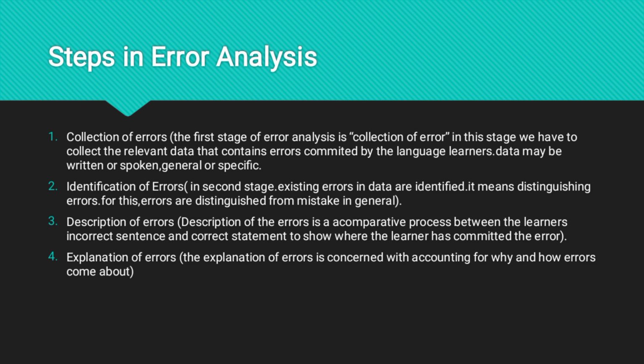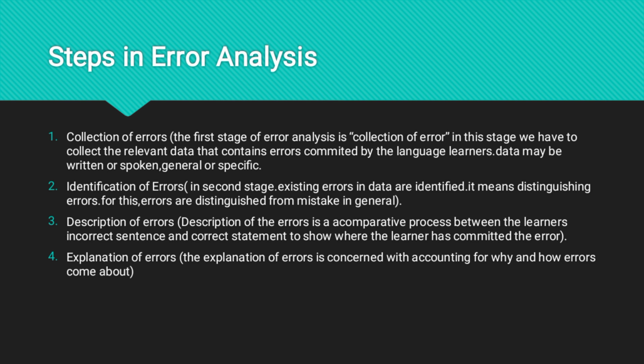In the second stage, existing errors in the data are identified. It means distinguishing errors. For this, errors are distinguished from mistakes in general. Next, description of errors. Description of the error is a comparative process between the learner's incorrect sentence and the correct statement to show where the learner has committed the error.